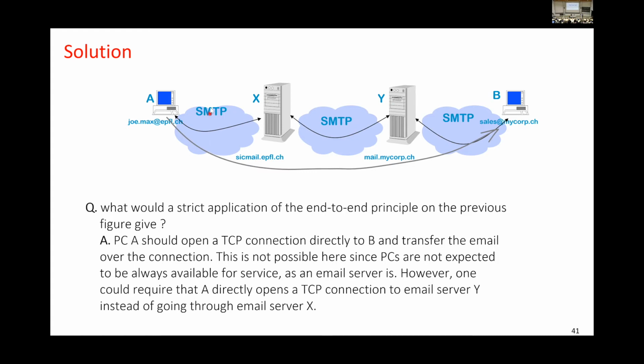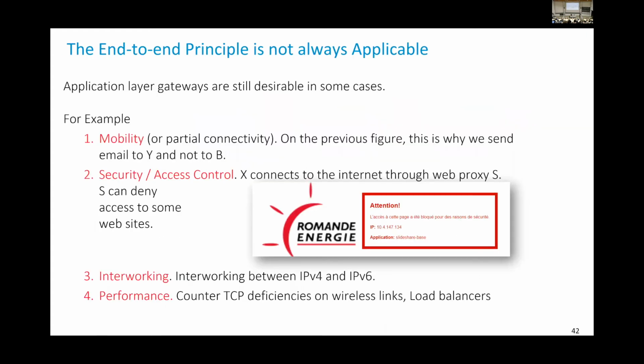So the availability will be taken care of by the servers. And also security. I don't want anybody to be able to open a TCP connection into my machine. I prefer to connect to Outlook of EPFL or to Gmail, where I hope those systems are well maintained. So the end-to-end principle is not always applicable.